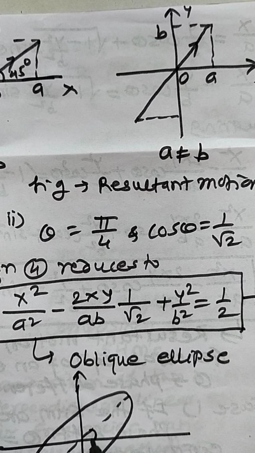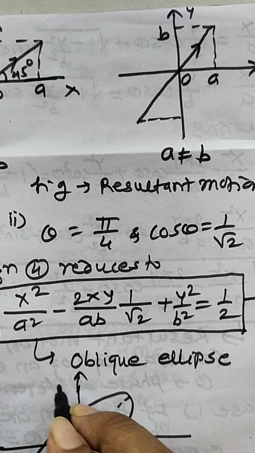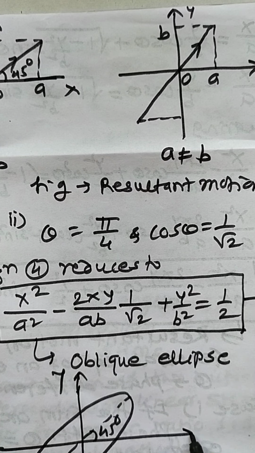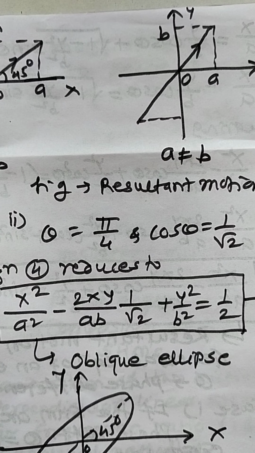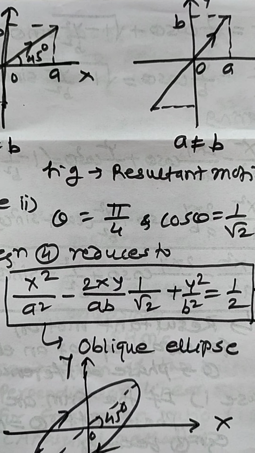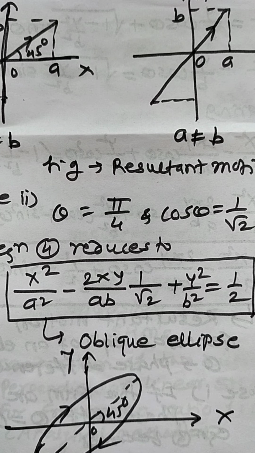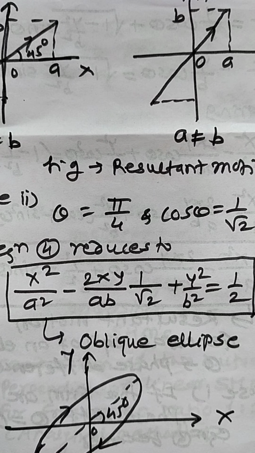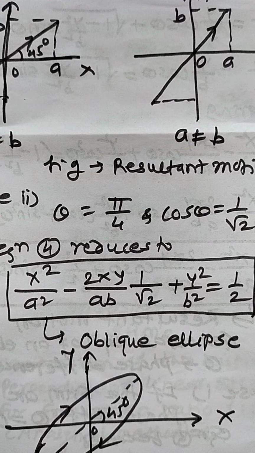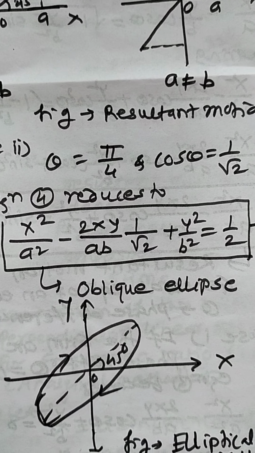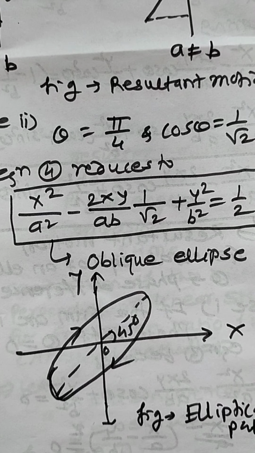Here this is the 45 degree, this is the y-axis, this is the x-axis, this is 0, and this figure shows the elliptical path. Okay, so this is the second case.